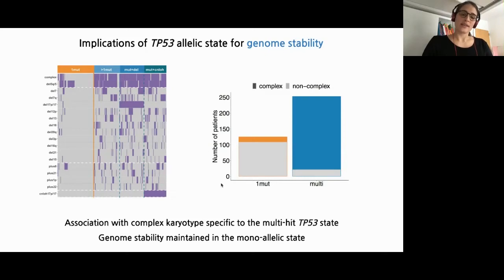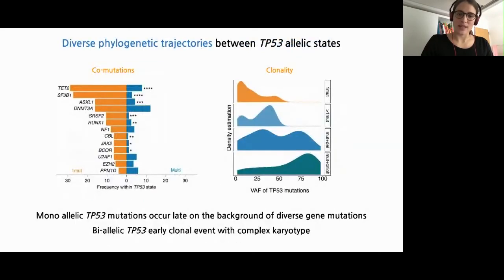In aggregate, the so-called complex karyotype, which is defined by having more than 3 chromosomal abnormalities, is specific to the multi-hit or biallelic TP53 state, with 90% of patients having complex karyotype in the biallelic state, while only 10% of patients have complex karyotype in the monoallelic state. So this means that genome stability is maintained, it preserves its guardian of the genome function, when one wild-type copy of the gene is retained.